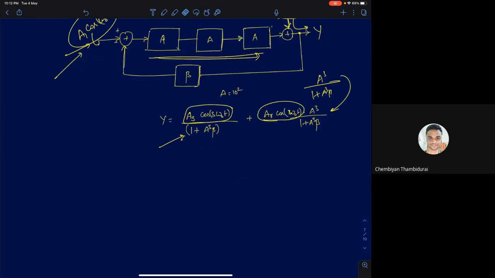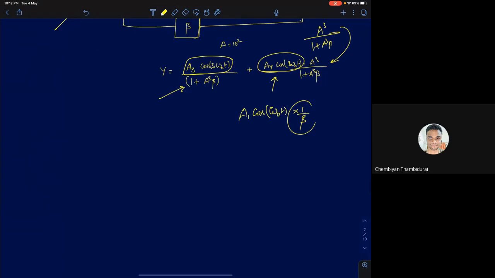Now see, this is the hallmark of negative feedback amplifiers. For the input signal, if I assume A cube beta is much greater than 1, it's going to be A1 cos omega naught t into 1 by beta. That is getting multiplied by a factor of 100, since 1 by beta is 100. So you're getting an amplitude of 100 here.